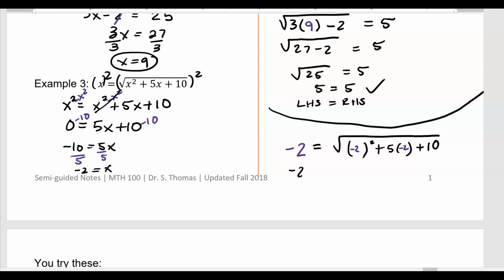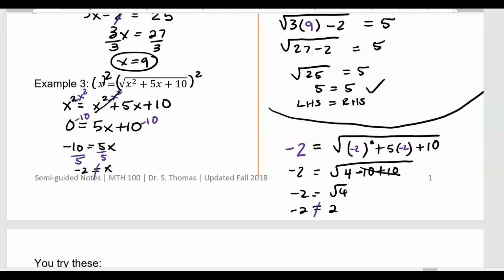So negative 2 equals the square root of negative 2 squared, which is positive 4, minus 10 plus 10. That's going to cancel out there. Negative 2 equals the square root of 4. It just doesn't work out, okay? Negative 2 doesn't equal 2. Therefore, negative 2 is actually not the answer.